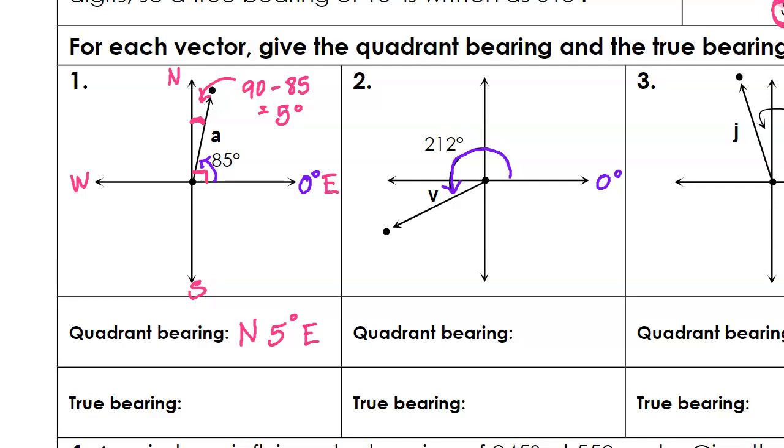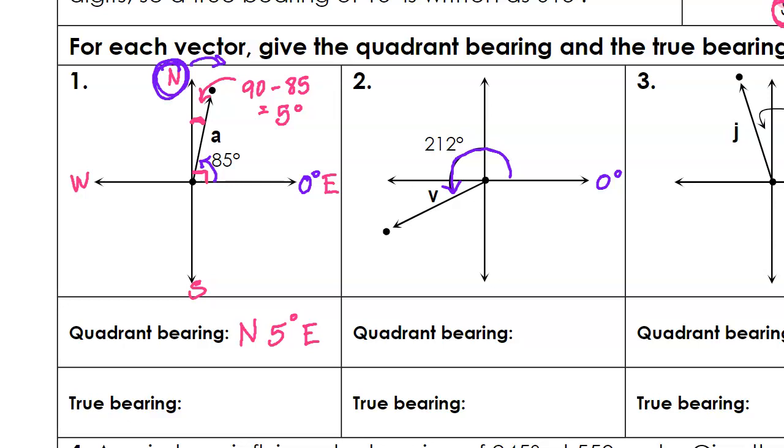What about our two bearings? Remember, two bearings always go from the north, always from the north, clockwise.